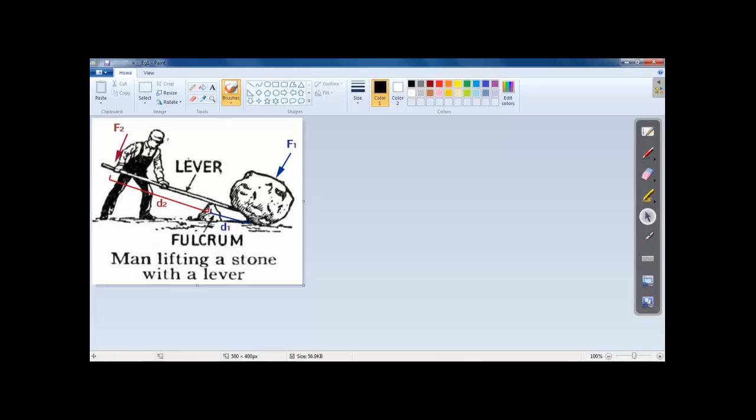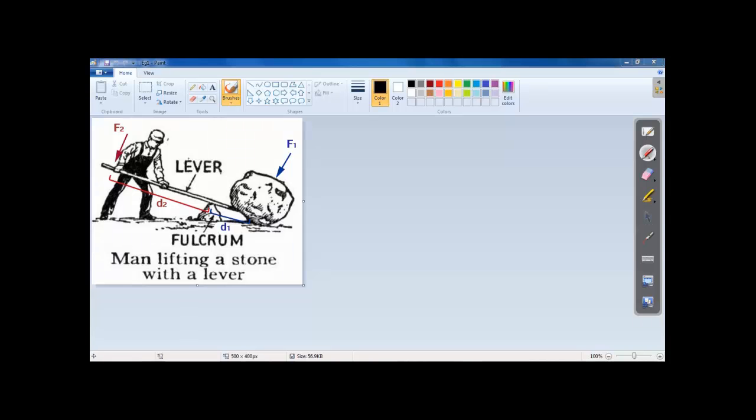We have a third application of this relationship, which we call the lever relationship. As you can see in this picture, this man tries to lift this large stone, so he uses a relationship applying the inverse variation.